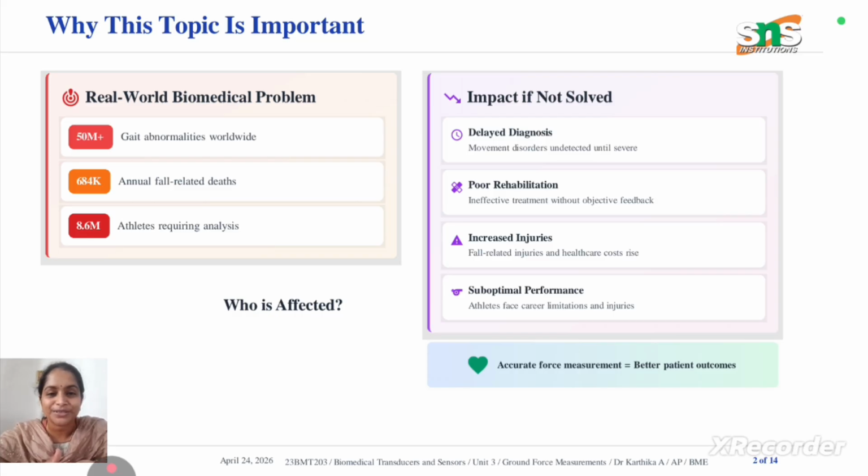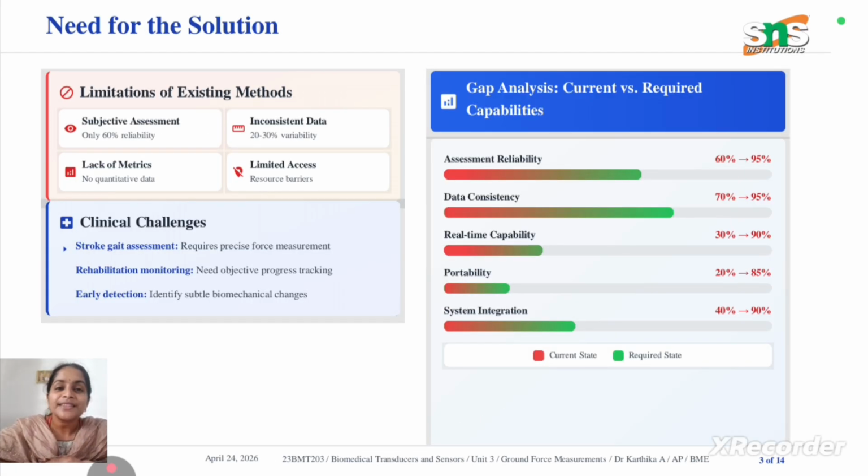See the limitations of existing methods, which involve subjective assessment with only 60% reliability, just 60%, and inconsistent data with 20 to 30% variability, lack of metrics, and limited access. The clinical challenges are stroke gait assessment, rehabilitation monitoring, and early detection.